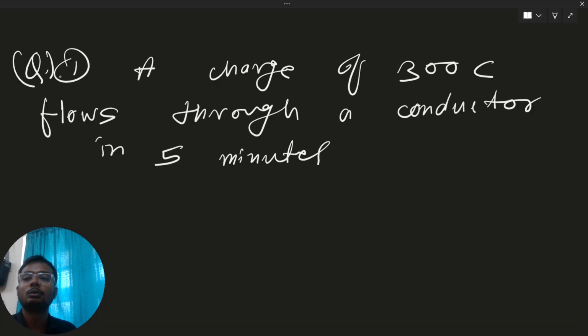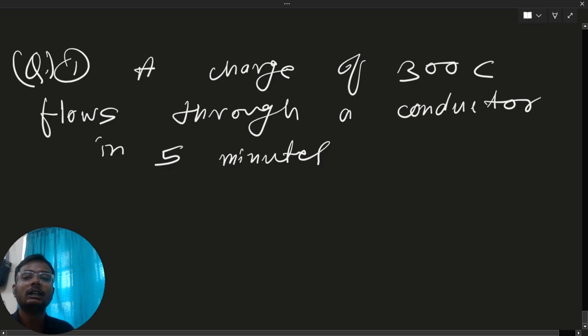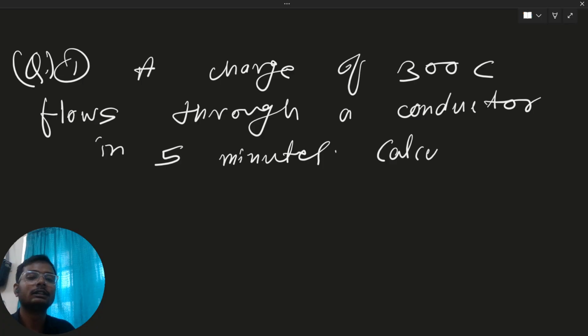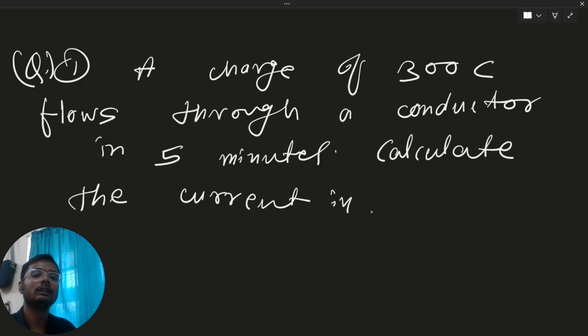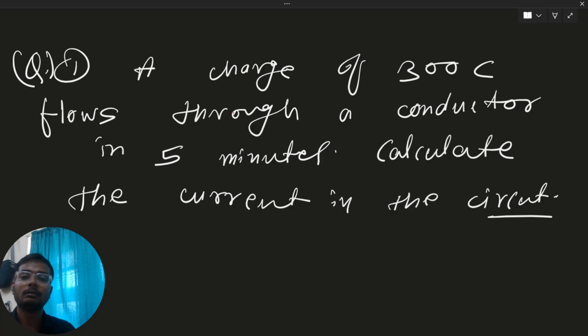This is our question number one. In 5 minutes, calculate the electric current in the circuit. Come on, try it.